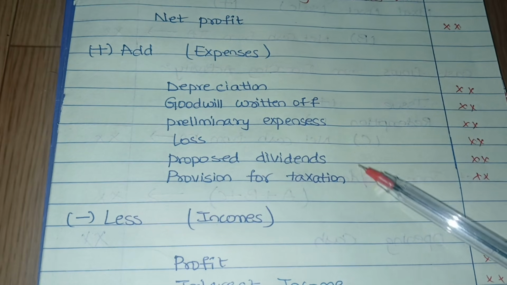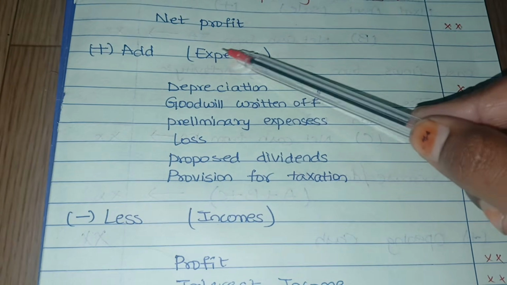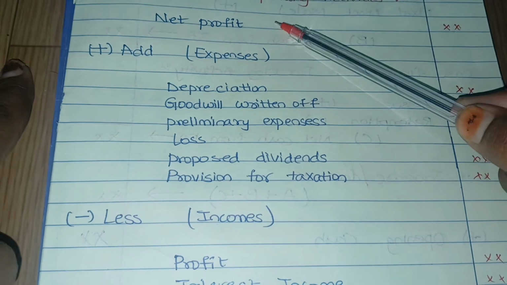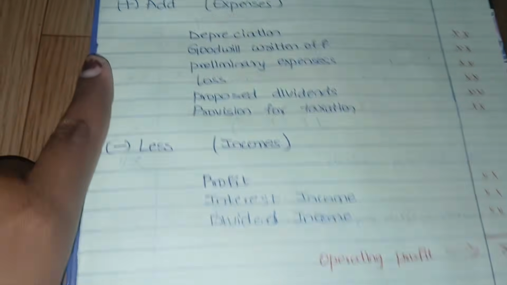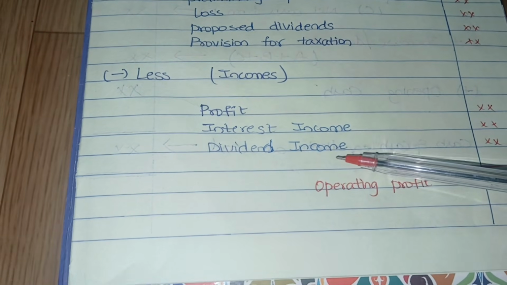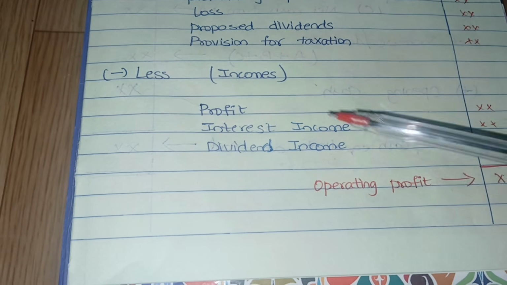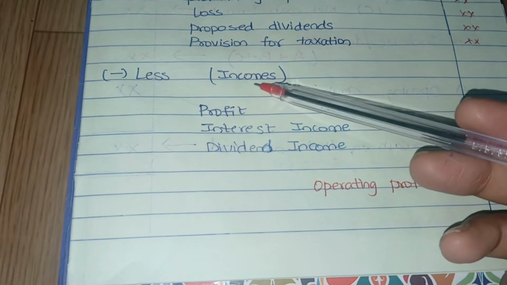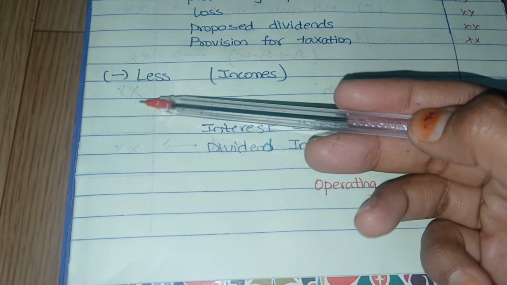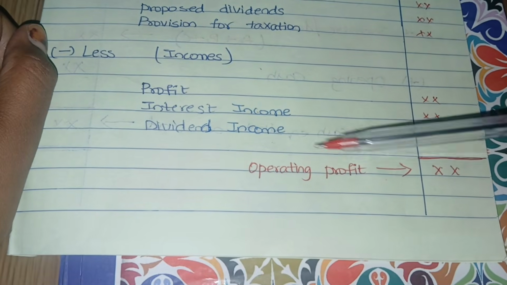These expenses we need to add to the net profit. Whatever the incomes are, for example profit, interest received, dividends received or income from investments, these are all incomes only, so we need to subtract them from the net profit. Then you will get the operating profit.